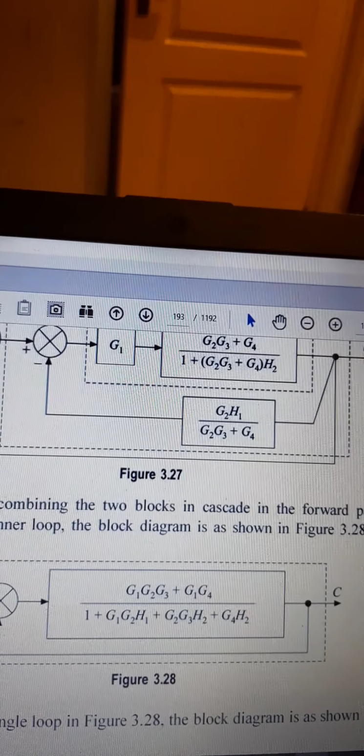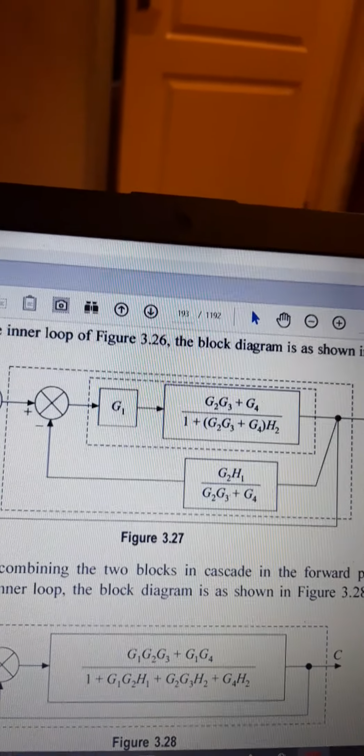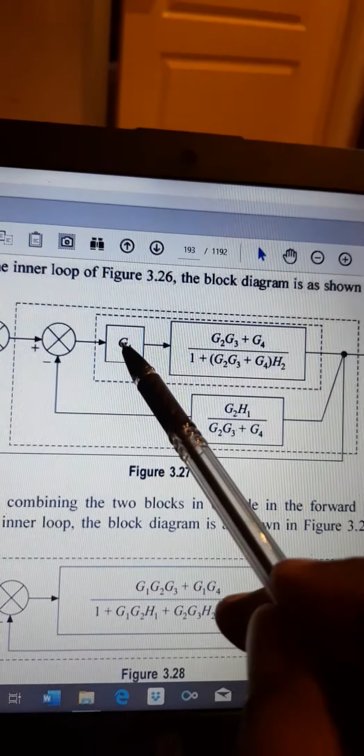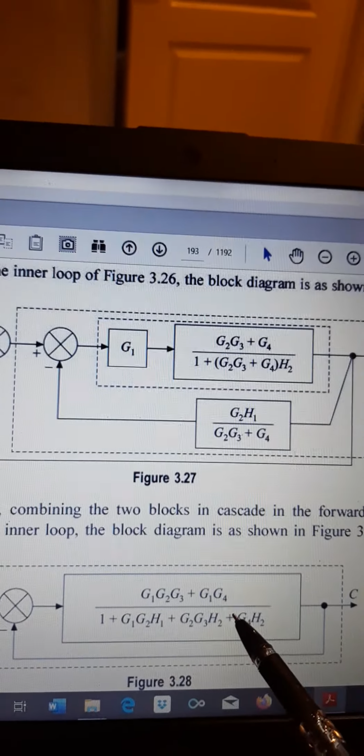So what you need to do is reduce this to a single block. Here it is just multiplying this and this. Now, multiplying these two, you are getting this.